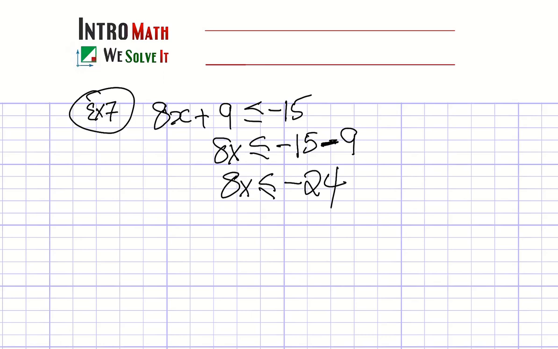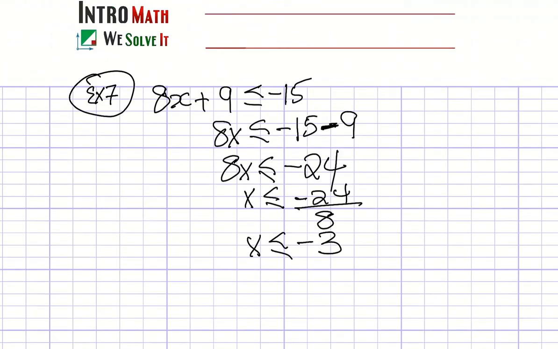So to get rid of 8 that you use to multiply x, you divide by 8, and it's positive, so nothing changes. x less than or equal to minus 24 divided by positive 8. You see, nothing changes, man. So it's x less than or equal to negative what is that? Negative 3.